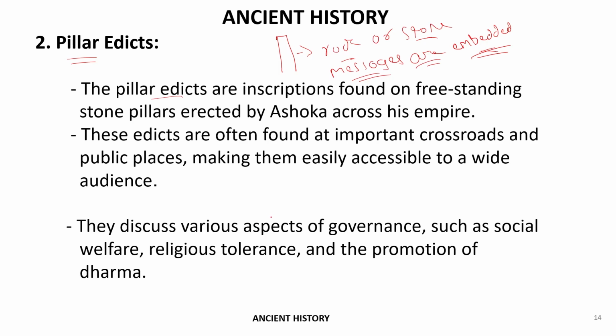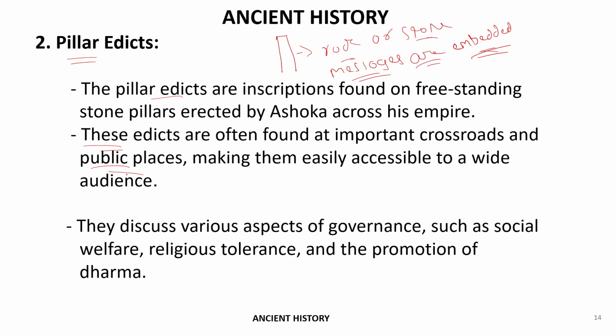So these were the rock inscriptions. Okay, and the second thing which I had told you, these edicts are often found at the important crossroads and public places, making them easily accessible to a wide audience. He did not stand them randomly anywhere.